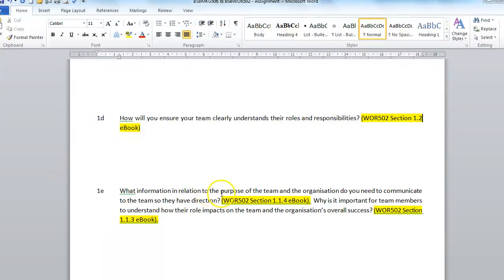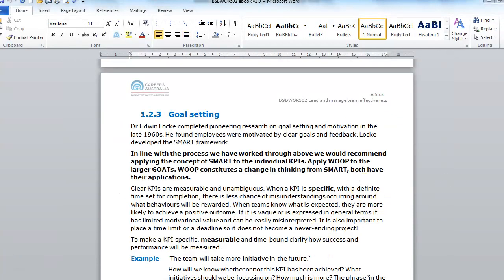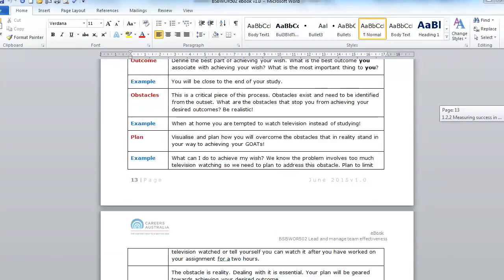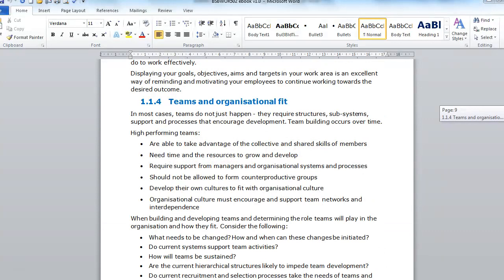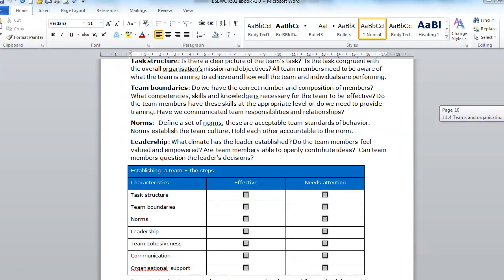Okay, 1E, what information in relation to the purpose of the team and organization do you need to communicate to the team so they have direction? Wow, that seems very similar again, doesn't it? That's okay. So 1.1.4, we'll go back to that one. Okay, we're building a team.